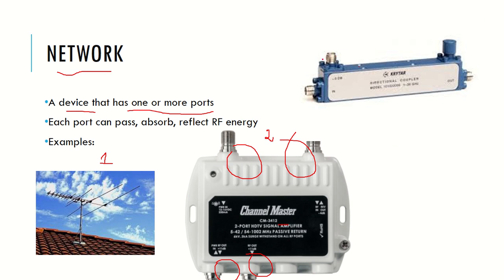So this is an example of a three-port device. So any device that contains ports which can receive energy and pass energy, we call a network. So a port can pass energy, absorb energy, as well as reflect energy.